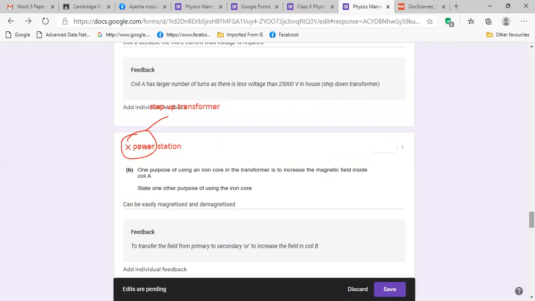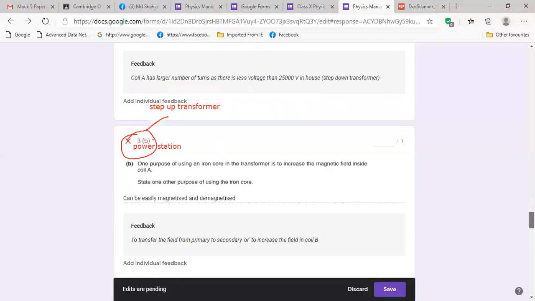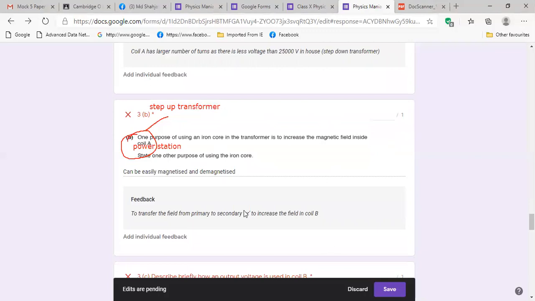Your answer, that it can easily be magnetized and demagnetized, is fine. This is one of the properties of iron. But what is appropriate for a transformer is this one: you write to transfer the field from primary to secondary, or to increase the field in coil B. The feedback will be there.